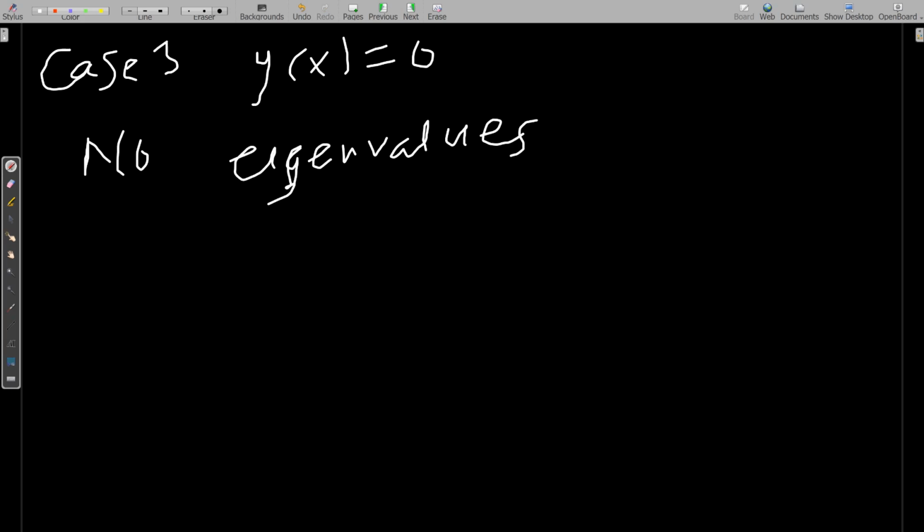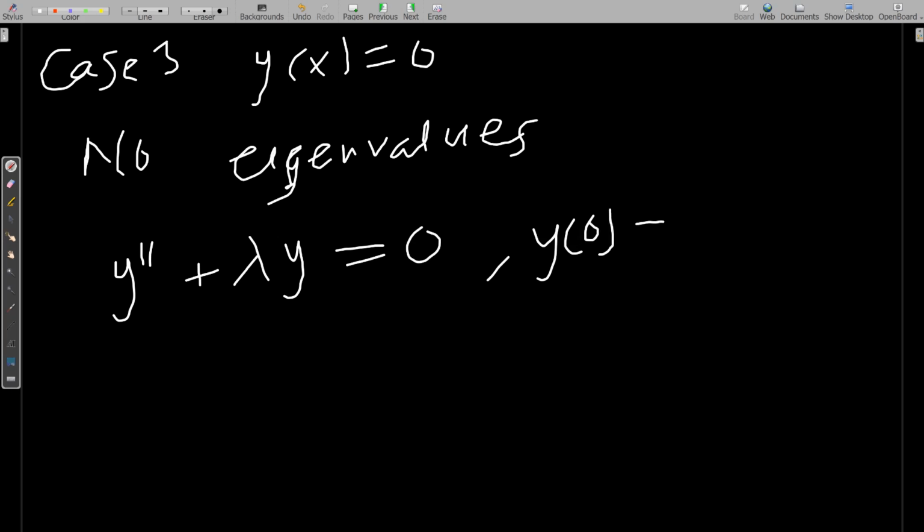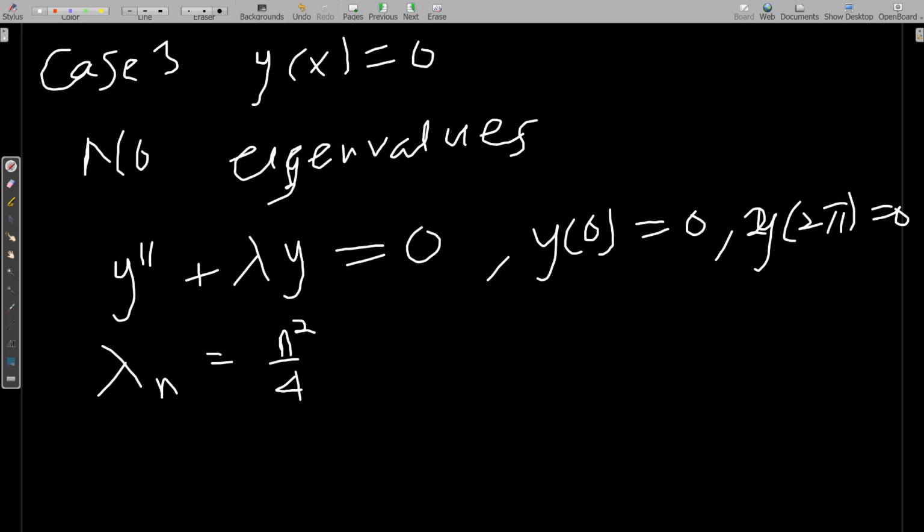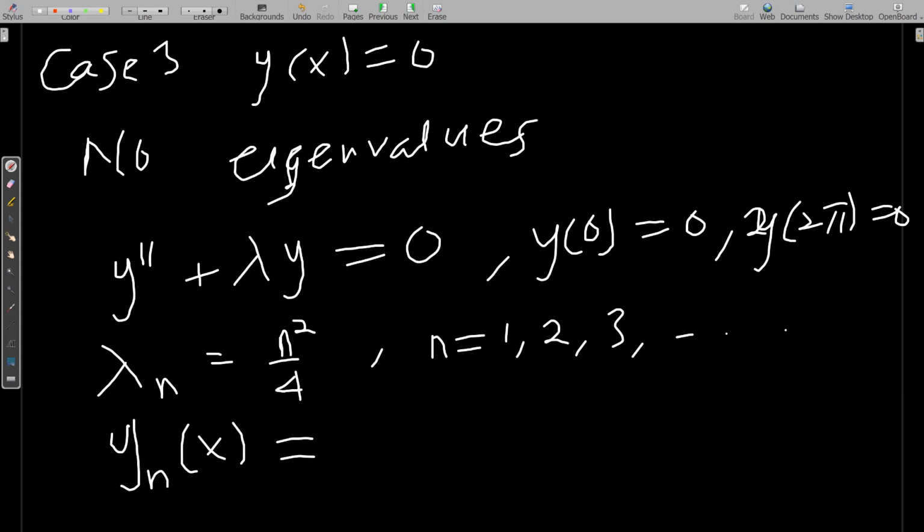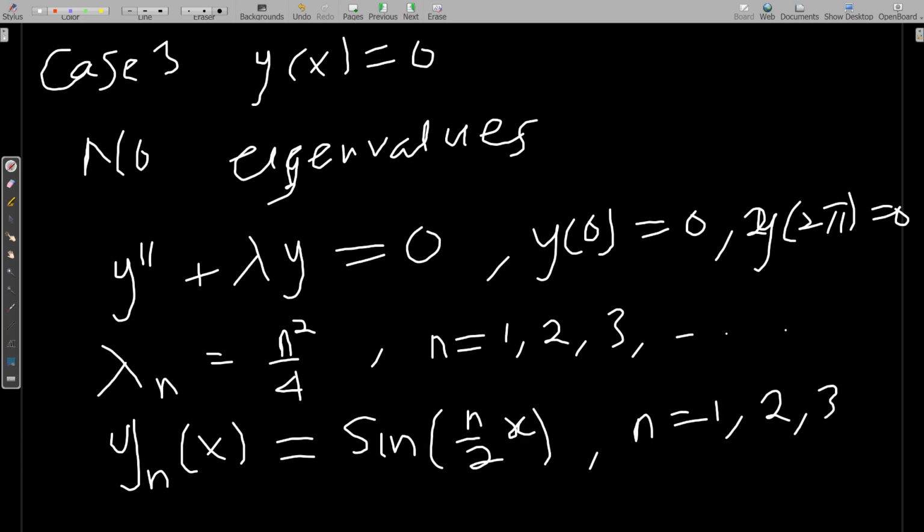So with the question that was solved, that is y'' + lambda y = 0, with the boundary conditions y(0) = 0 and y(2 pi) = 0, the only eigenvalues here are lambda n equals n squared over 4, where n is equal to 1, 2, 3, and the rest, with the corresponding eigenfunctions y n of x being equal to, I said that for that you have to take your constant b to be equal to 1, sine of n over 2 x, with n being equal to 1, 2, 3, and the rest.